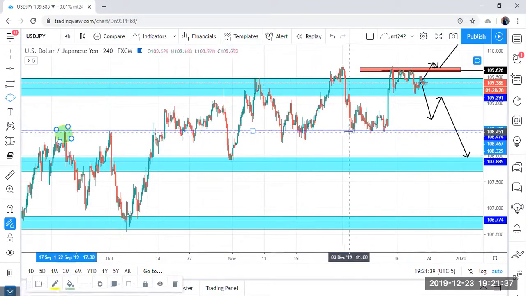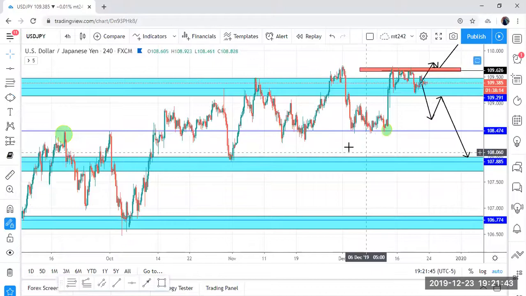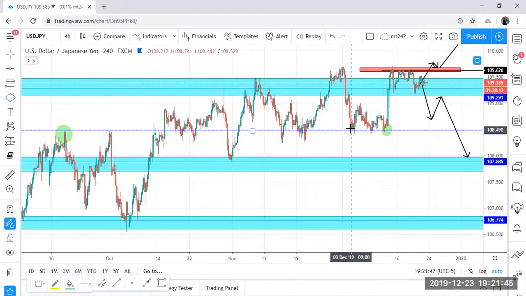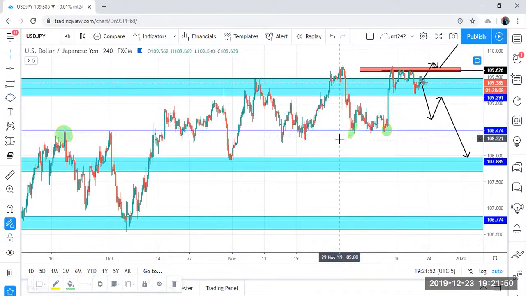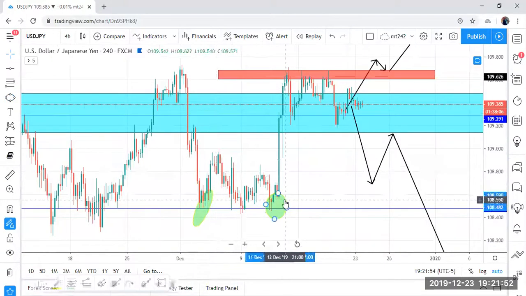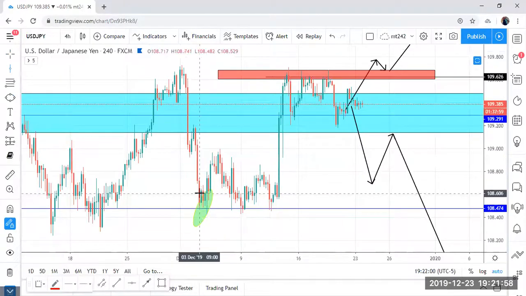I can use any one of these. I'll use this one here since price actually made its move from here. Or we could have used this one here, that's fine. But you see the resistance turn to support here. Now I want to pay attention to this. I want to pay attention to it and see where I can actually enter this trade.